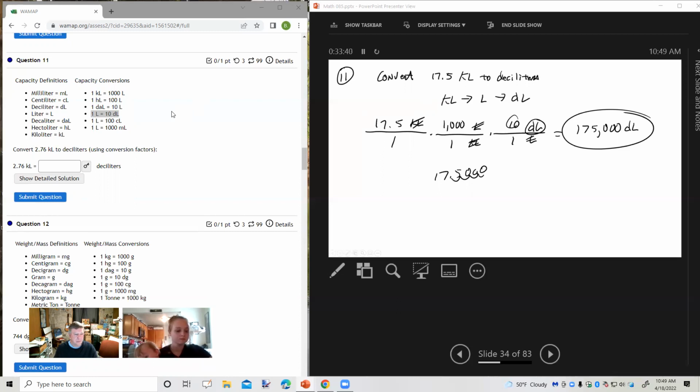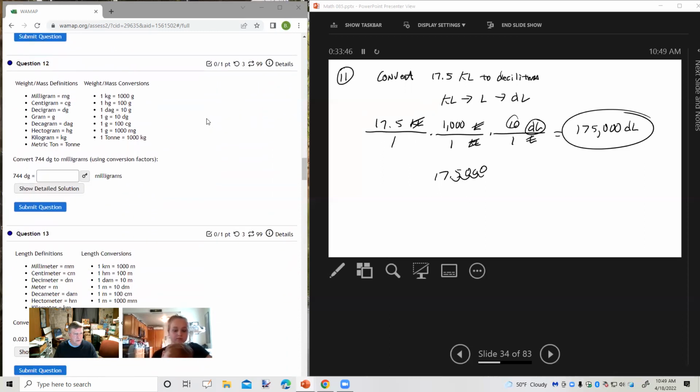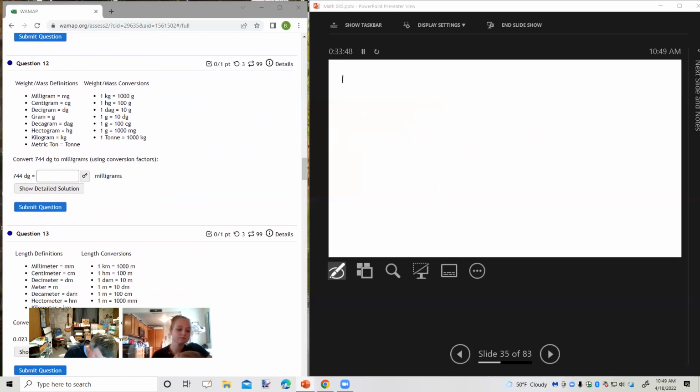All right. And let's take another look at a problem involving grams. So convert, let's see, 942 decigrams to milligrams.